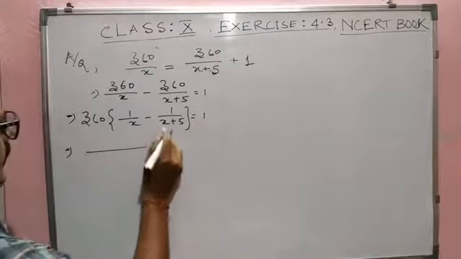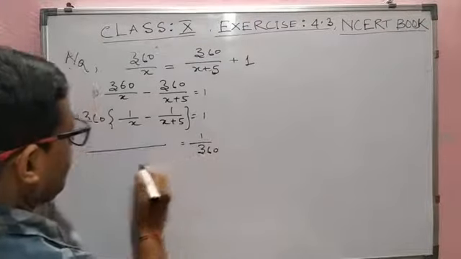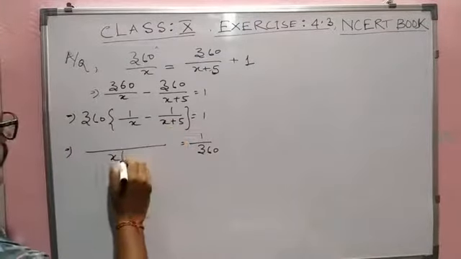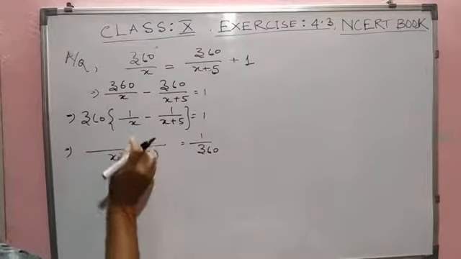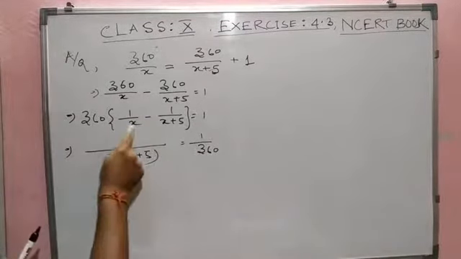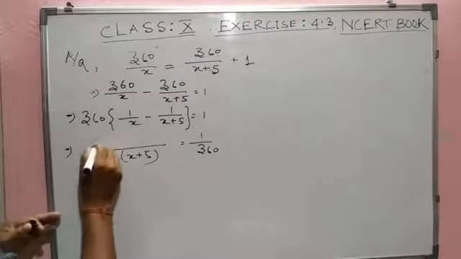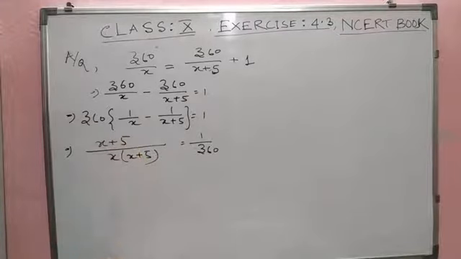Now take this LCM and transfer this side. It will be easier. If we take LCM here, it will be x plus 5. So by this LCM, we have to divide this. So x cancels, this will remain and multiply with this. So we get again x plus 5.